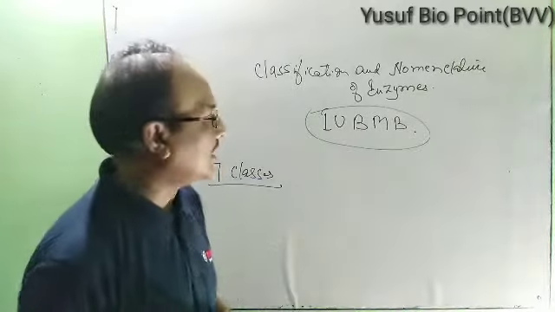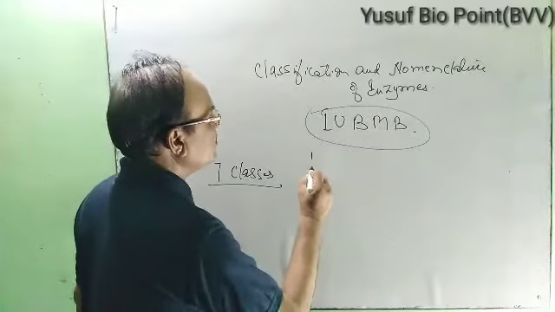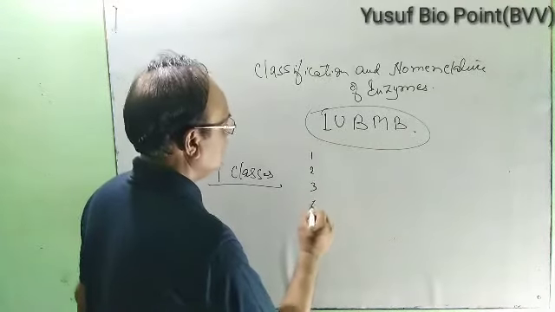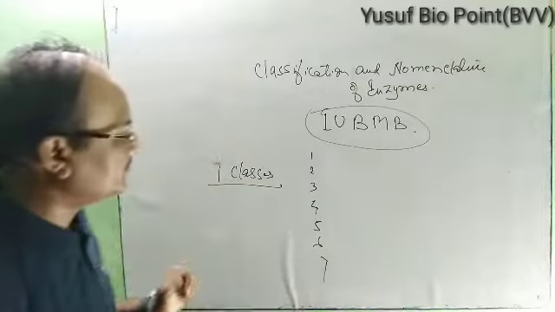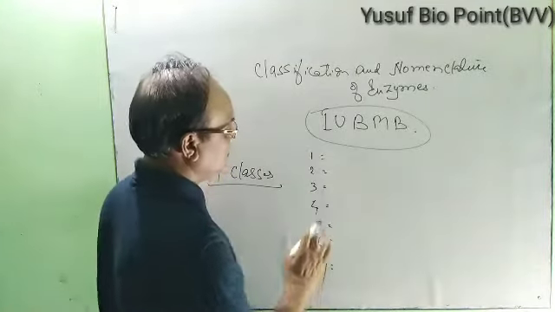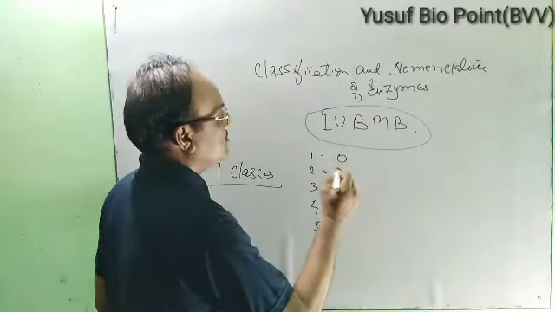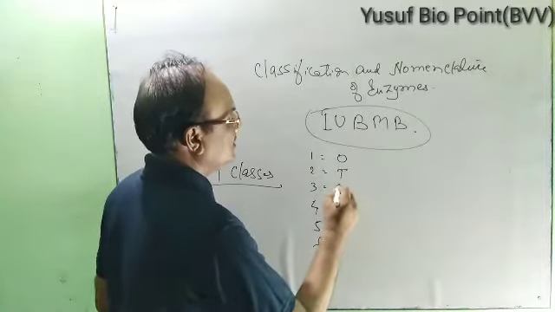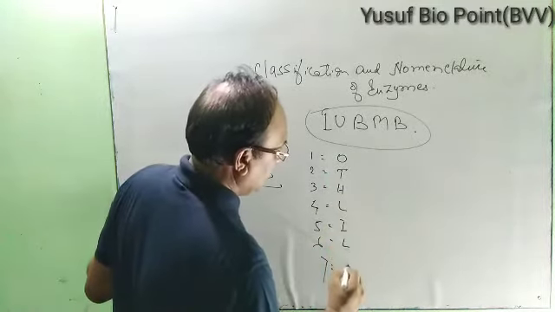So these are 7 classes, 1, 2, 3, 4, 5, 6, 7.